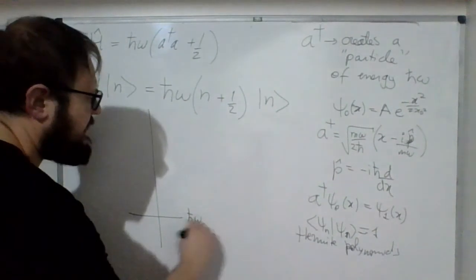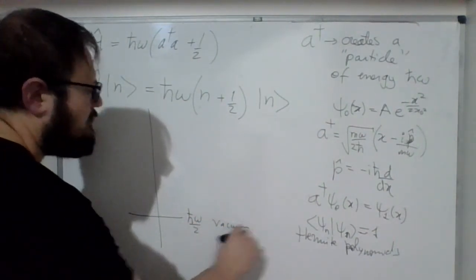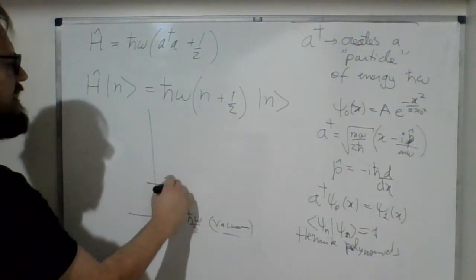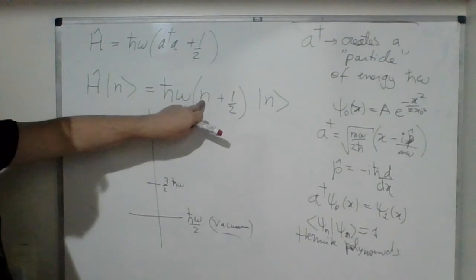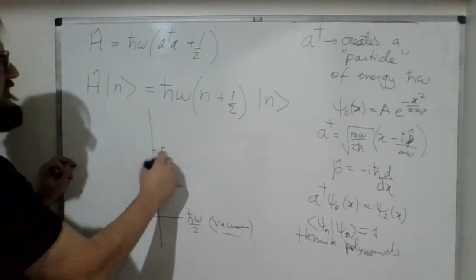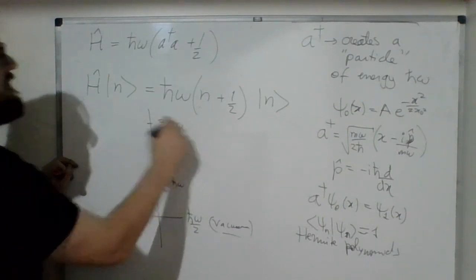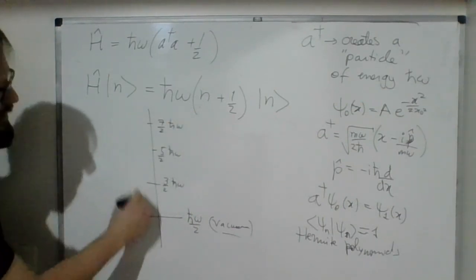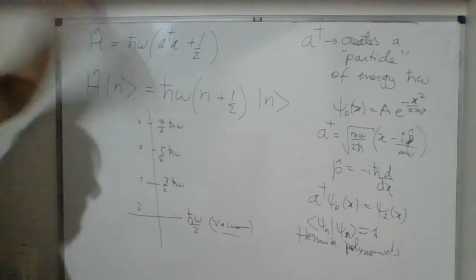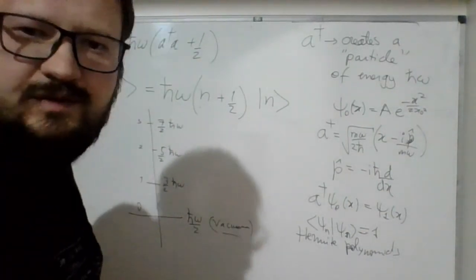H bar omega over 2 is the vacuum, right? 3/2 h bar omega, which corresponds to n equals 1. So these are the energy levels. 5/2, 7/2, which corresponds to 0, 1, 2, 3, and go on forever, the number of particles in the system.